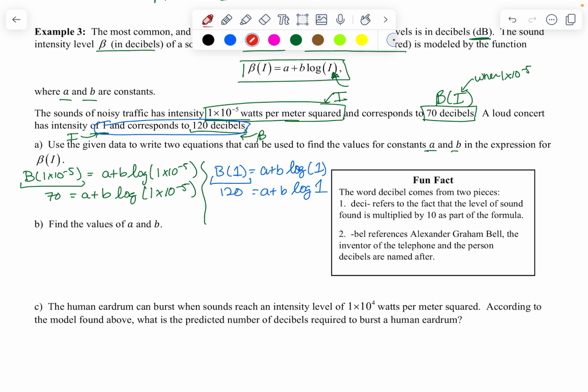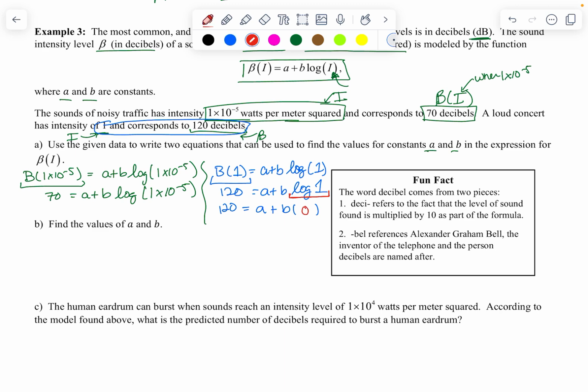Now, this one's slightly different than the one before. The reason is because we actually have a log of 1 in this problem right here. And we know that log of 1 is equal to 0. So from this problem, we know that 120 is equal to A plus B times 0.